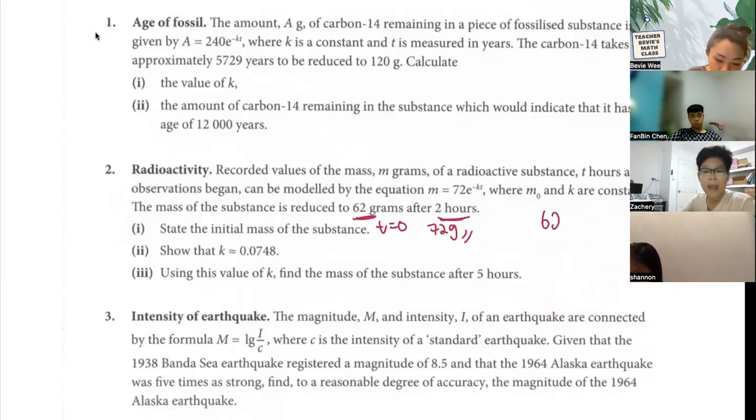So M is 62: 62 equals 72 e to the power of minus K times 2. I'm bringing the 72 over. Take ln on both sides, the power law comes down. Find your value of K.